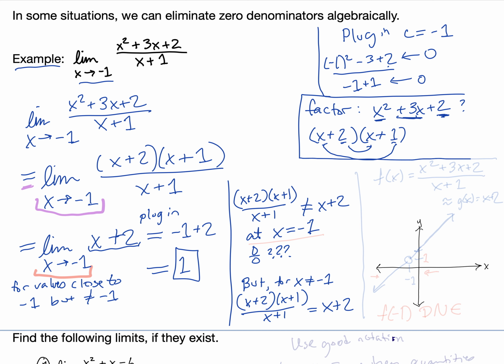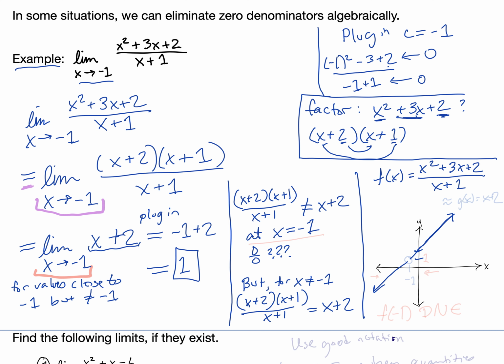And if we graphed the function f of x equals x squared plus 3x plus 2 over x plus 1, we would find that this behaved exactly the same as the function g of x equals x plus 2. So x plus 2, that's a linear function with a slope of 1 and a y-intercept of 2.